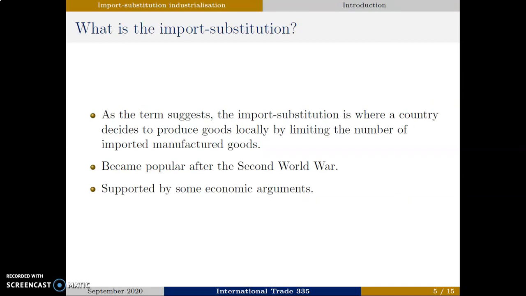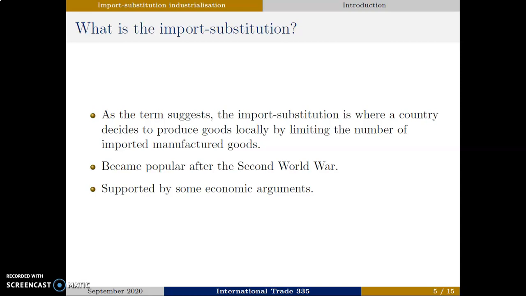The first important question to ask is what exactly is import substitution? The answer is relatively simple. Import substitution is where a country decides to limit imports of manufactured goods, usually through tariffs, and replacing these imports with locally manufactured goods.